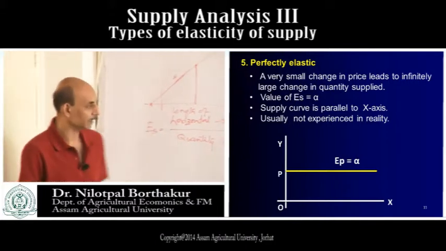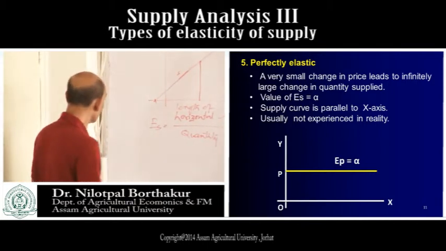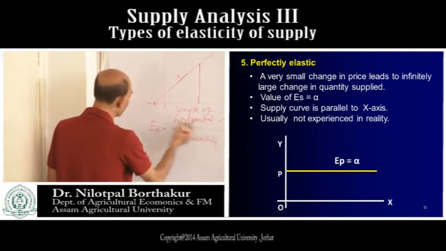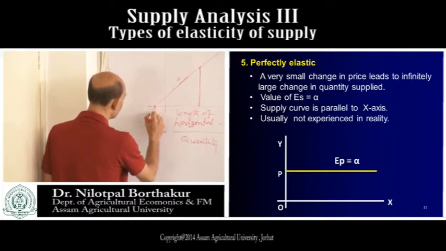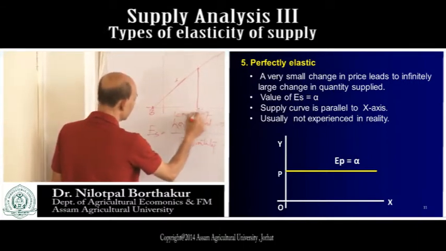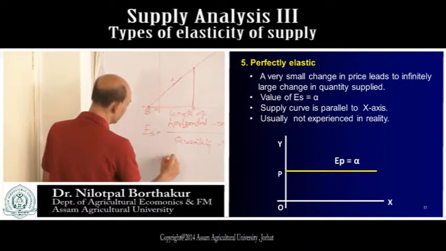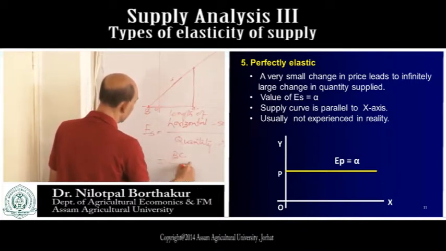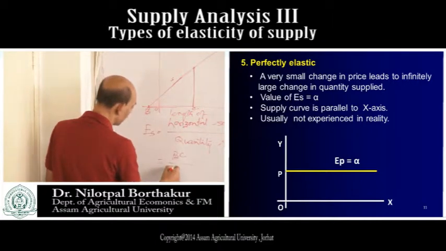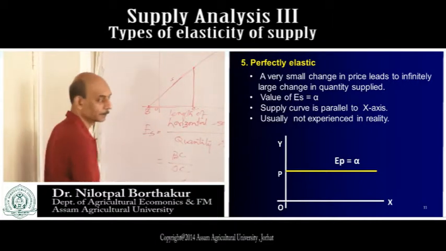Length of the horizontal segment divided by the quantity supplied. The horizontal segment is nothing but, suppose this is B, this is C, and this is O. The horizontal segment is BC and the quantity supplied is OC.